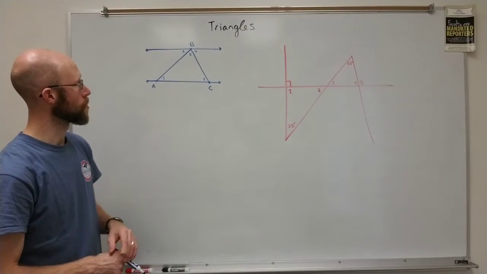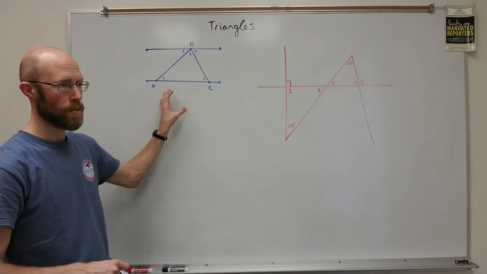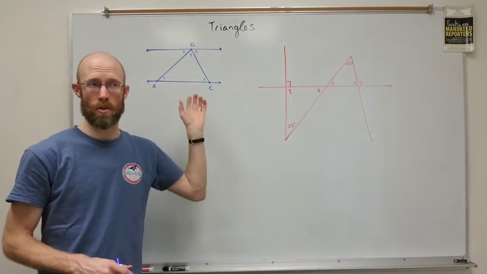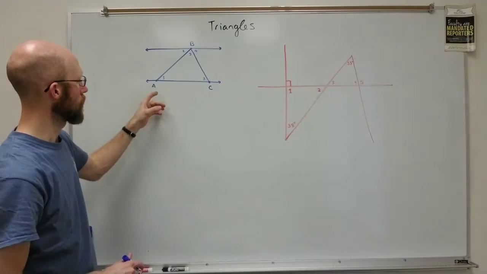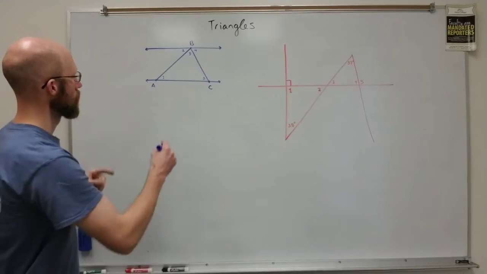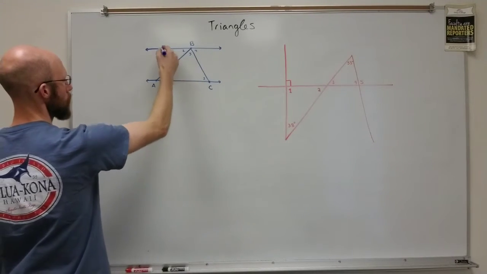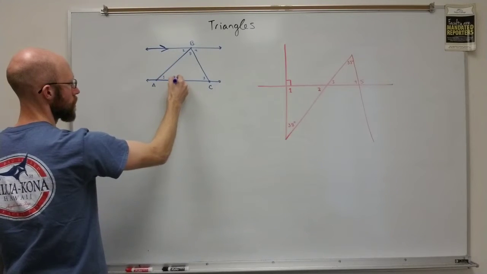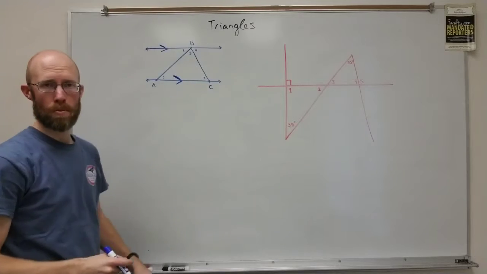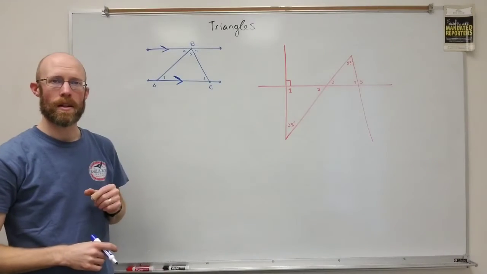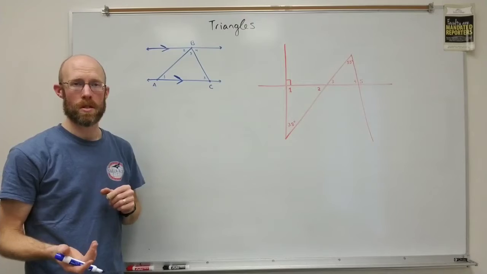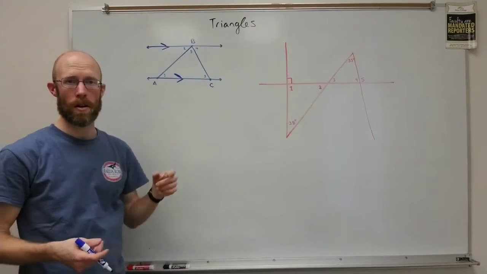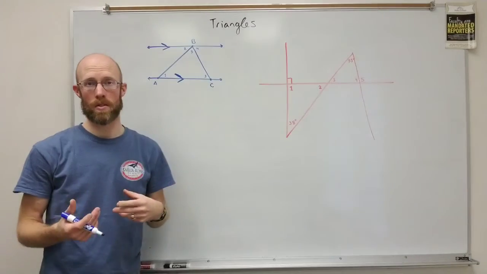And there's a really important property of triangles. This is true for every triangle, not just the one I have drawn up here. If you consider the two lines up here as being parallel, then we already know some interesting theorems about the angles with parallel lines and transversals.